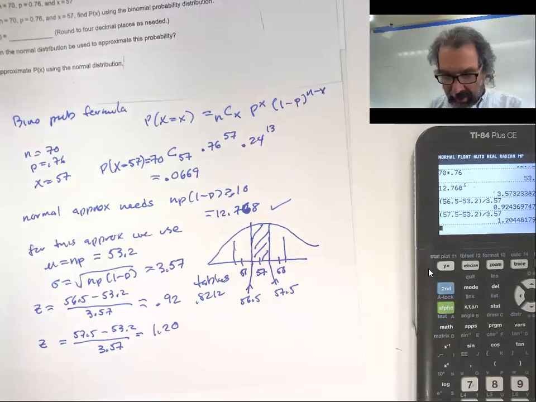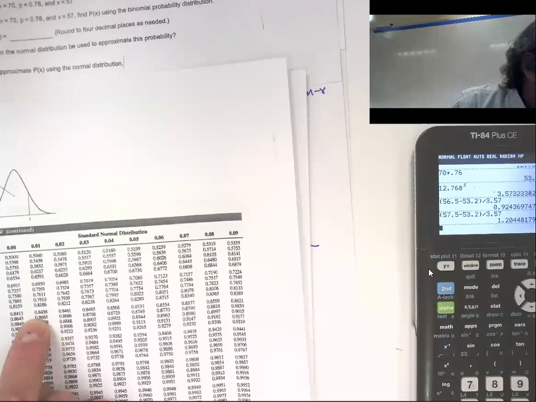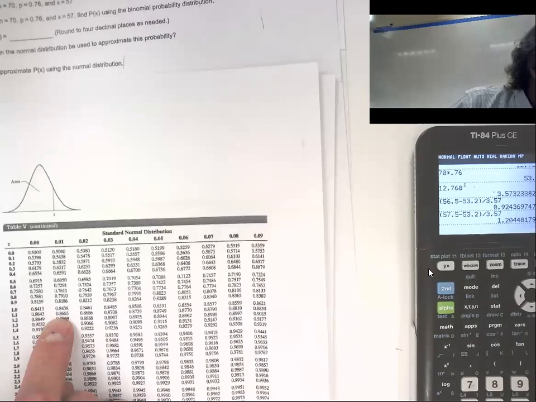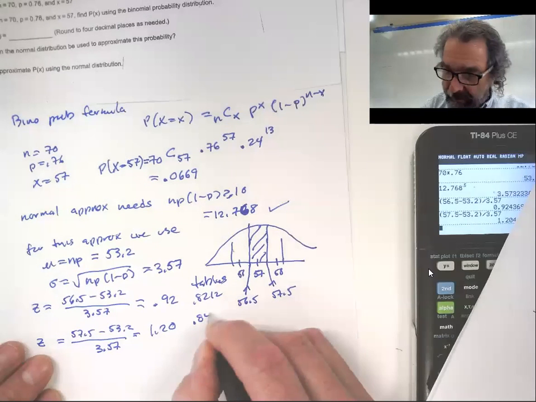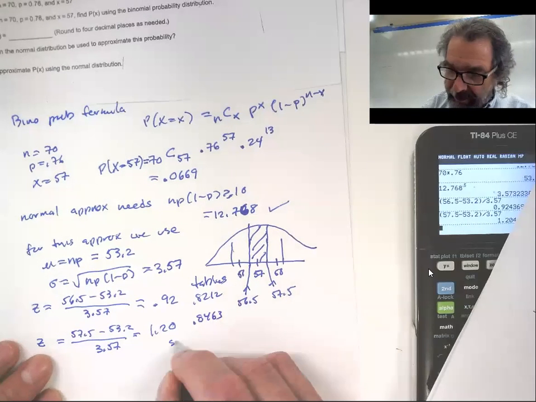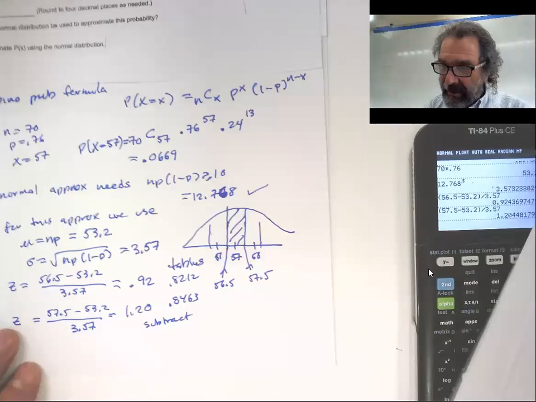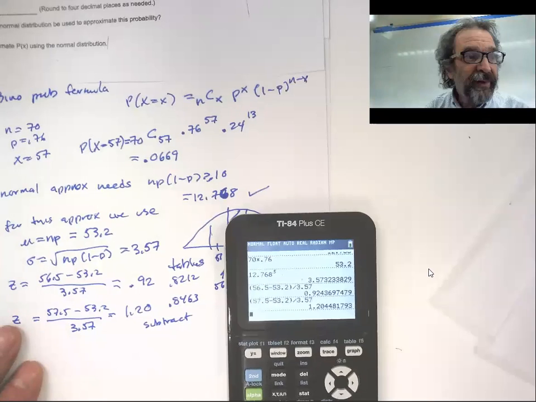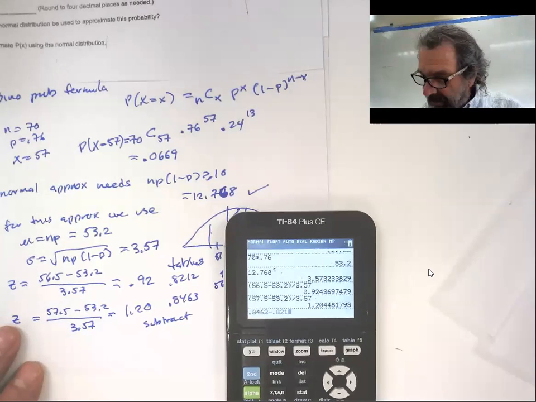And for 1.20, 1.20 is 0.8463. Then we're going to subtract, and then we'll reach our moment of truth here. 0.8463 minus 0.8212, like that.